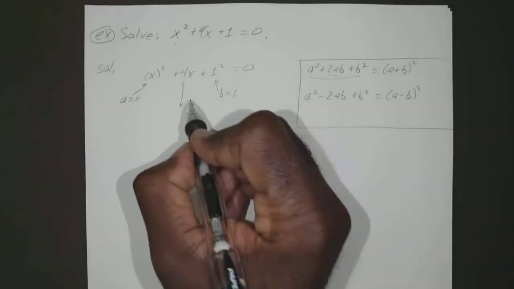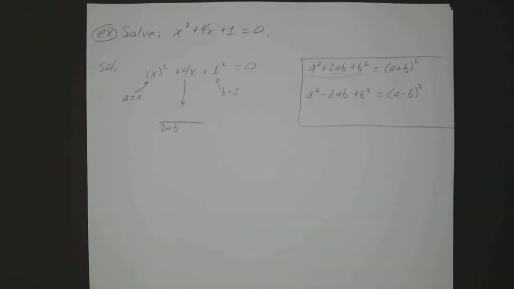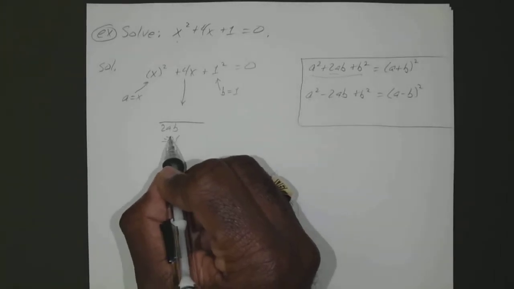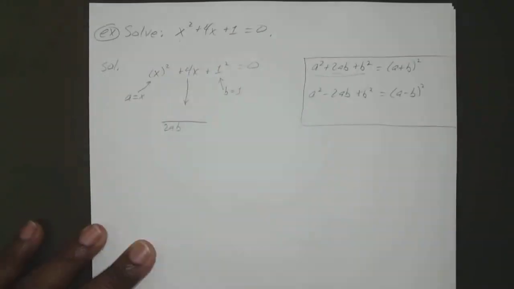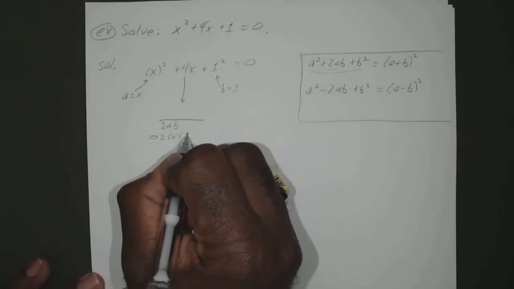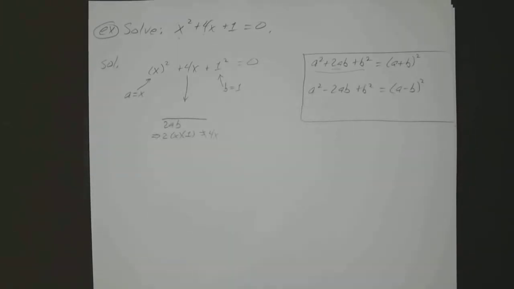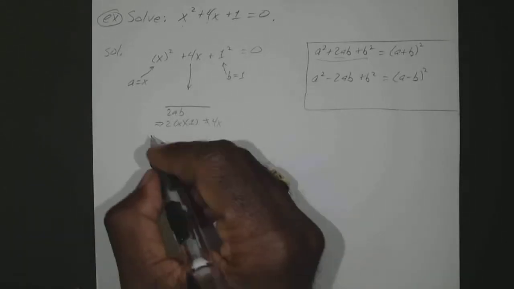Now we just have to see if our middle term equals 2 times a times b, which gives us 2 times x times 1, which does not equal 4x. Just because the first term and last term are perfect squares doesn't mean it's always going to be a perfect square trinomial. So this one's not a perfect square.